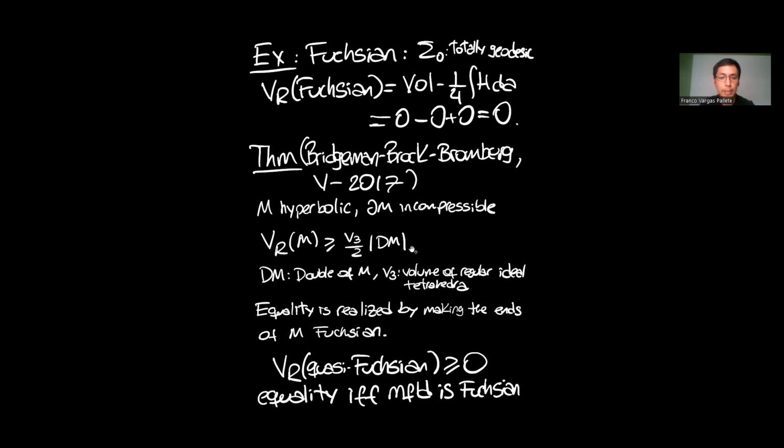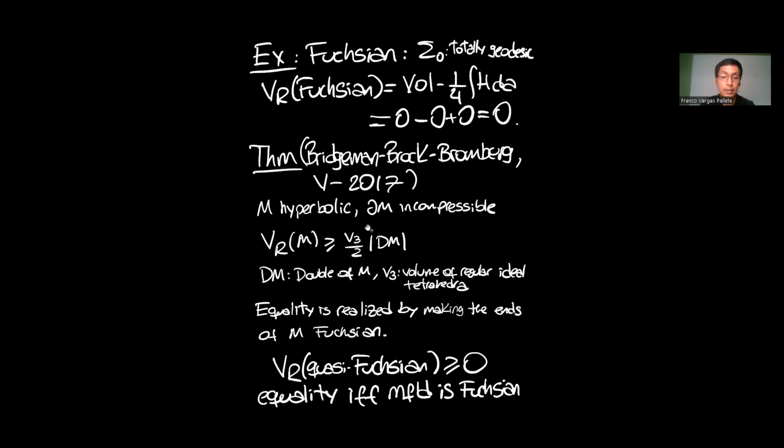So we have here this somehow different quantity from the renormalized volume that we were studying. But maybe a good way to understand it is the following: if the double of M happens to be a hyperbolic manifold, meaning it accepts a hyperbolic metric, because of Mostow rigidity, we know that the structure is essentially unique.